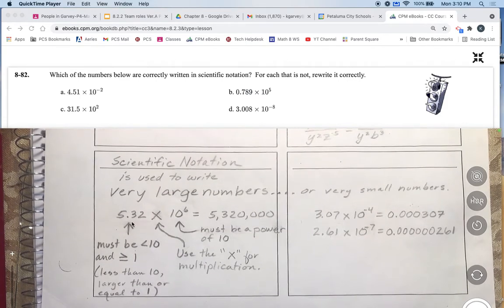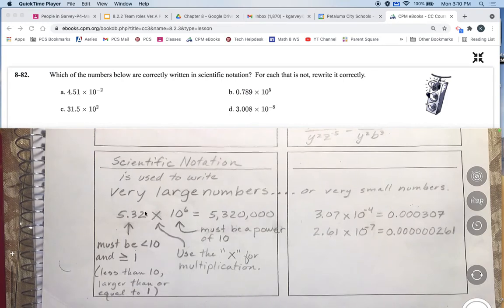But this is scientific notation. And the first factor needs to be less than 10 and larger than or equal to 1. So this is written in less than, larger than notation. In plain English, it's down here, less than 10, larger than or equal to 1.